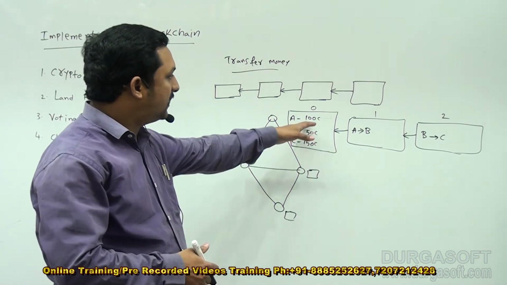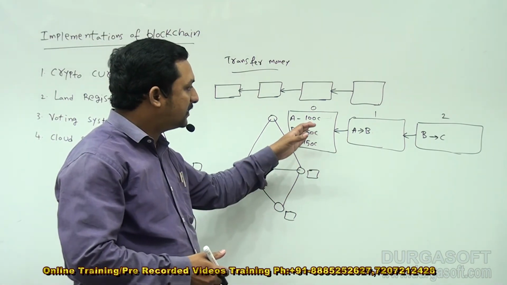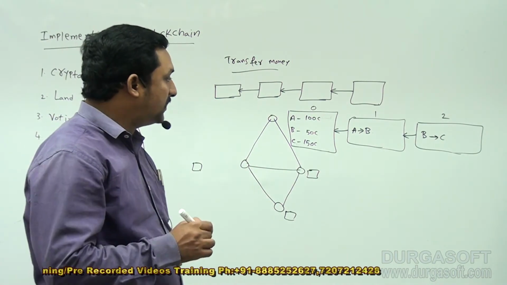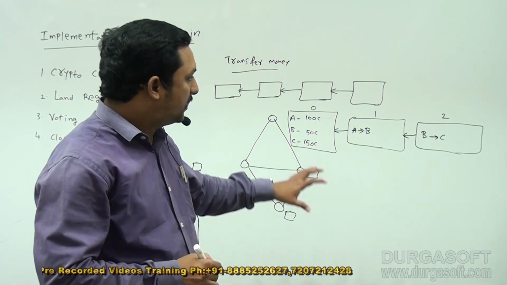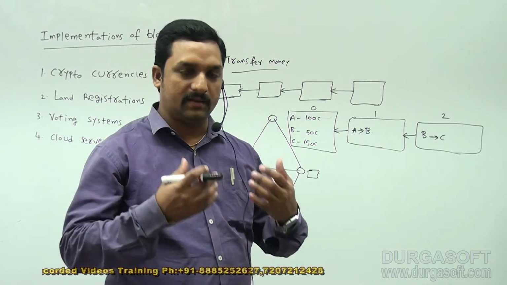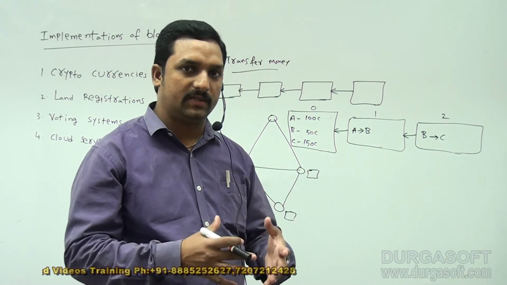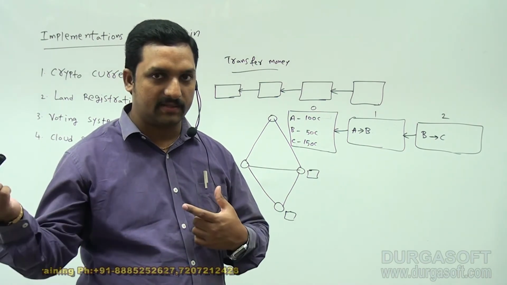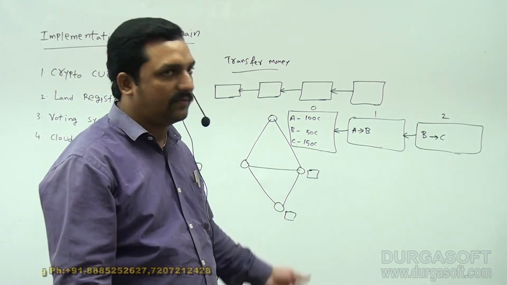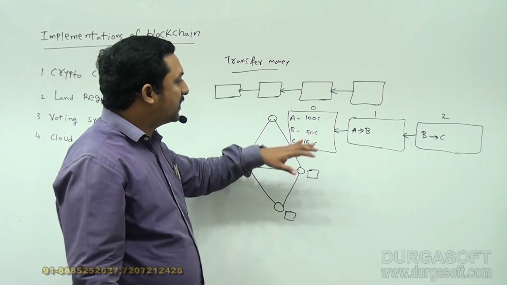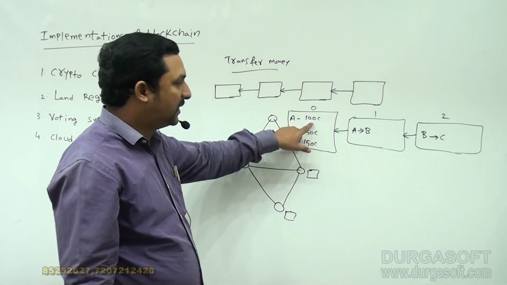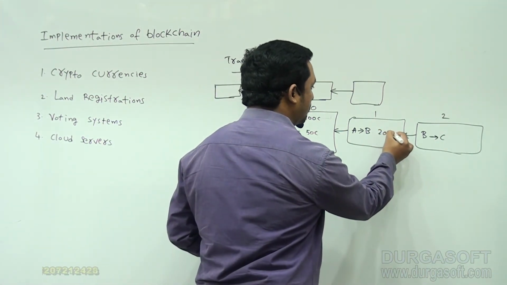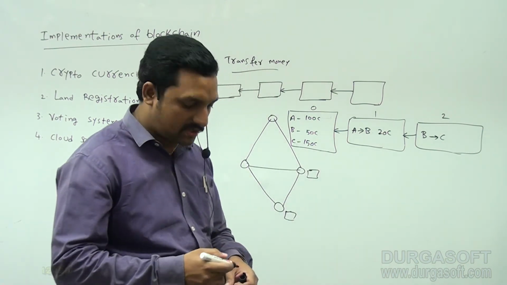For example, out of my 100 cents, I am selling only 20 cents to another person. But remember, in the blockchain, in order to register transactions, the sender and receiver should both be nodes inside the network. We cannot send to an outside person. Both parties should be registered as nodes in the network. So I want to transfer 20 cents from A to B. A to B, how many? 20 cents.